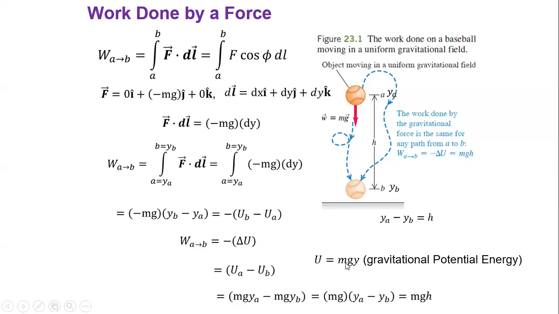We call this mgy the gravitational potential energy. It means that the more you put the particle up, the greater the y, the greater the height, the greater the gravitational potential energy.